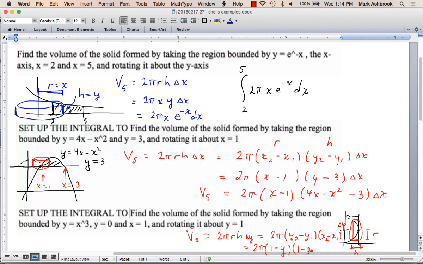So it's 1 minus x. We have to change that in terms of y, which is cube root of y. And then these shells will go from 0 to 1. So the first shell is the biggest shell here, and then all the way to 1.